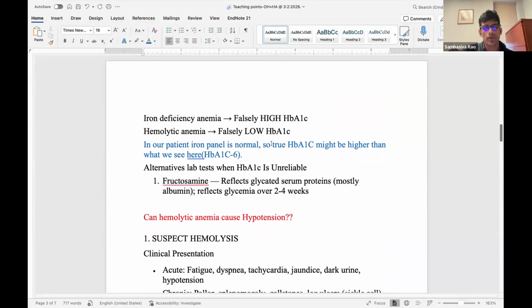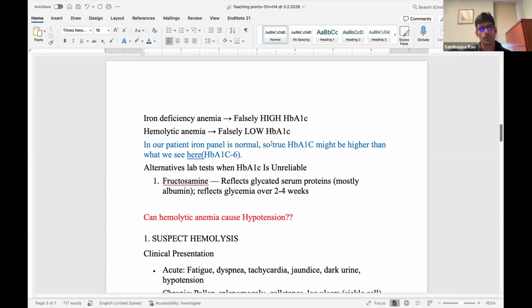In our case, we found that the patient has a hemoglobin A1C of 6, but the patient's iron panel is normal. So we have to make sure whether it is a true HbA1c or not. Usually, iron deficiency anemia gives a falsely high HbA1c because the RBC lifespan is longer.